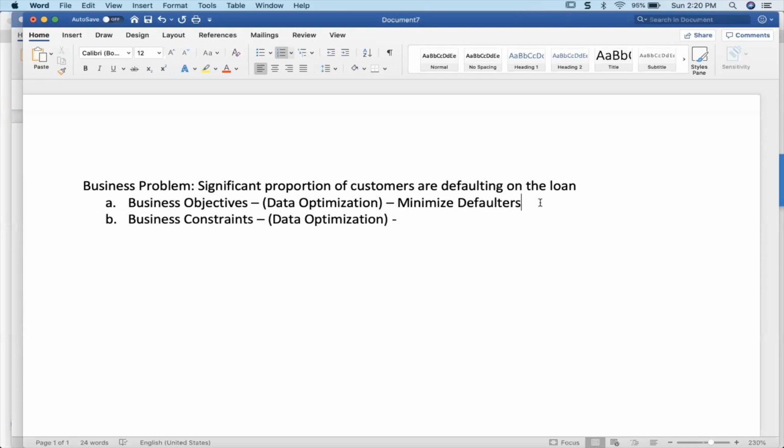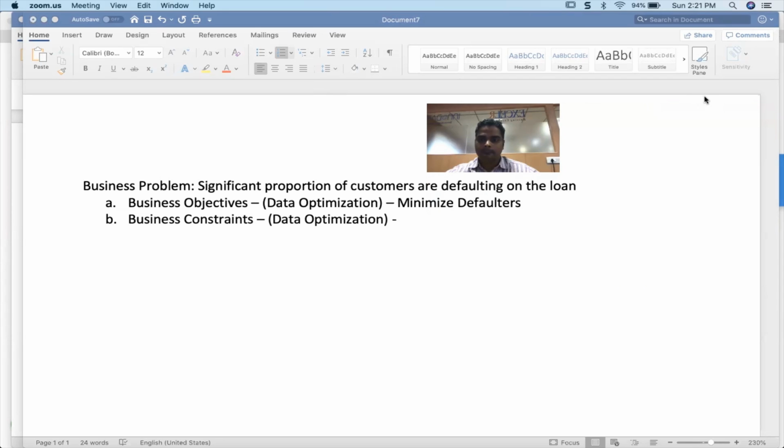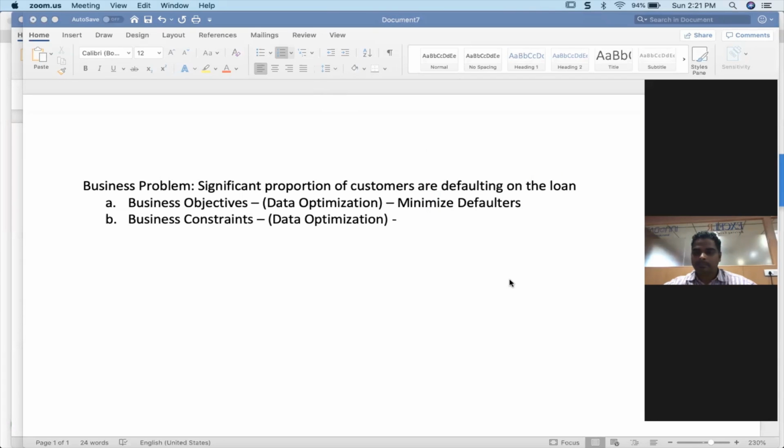What regression technique will you use? Yeah, guys? Vamshi, Vinod, Vivek. Can you guys unmute and say which regression technique you would use if you want to build a classification model which will classify whether a person will default on the loan or not?